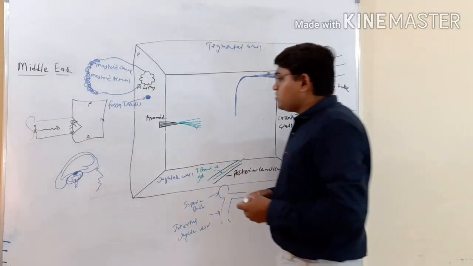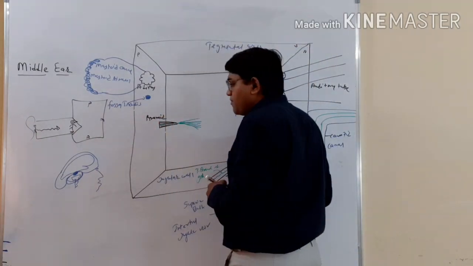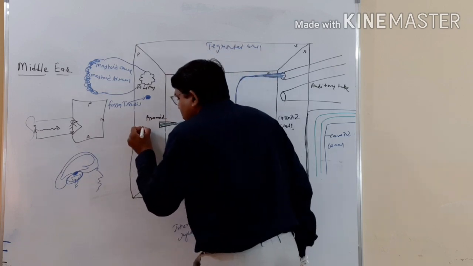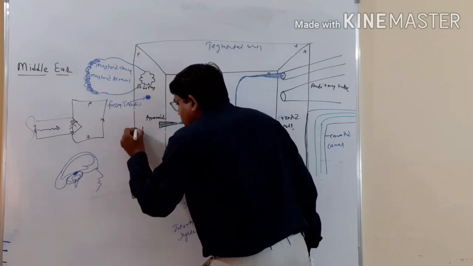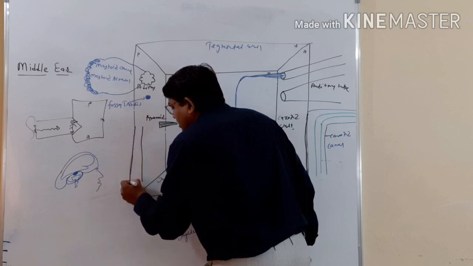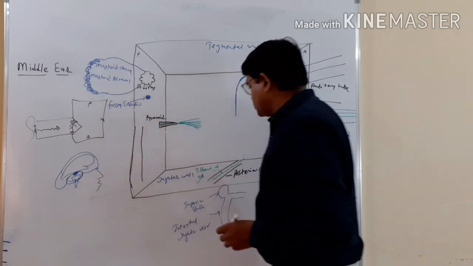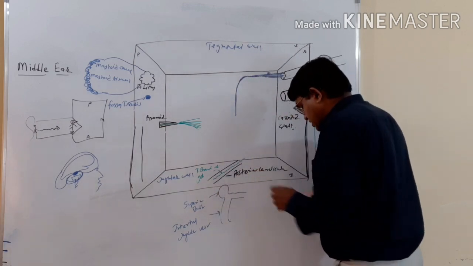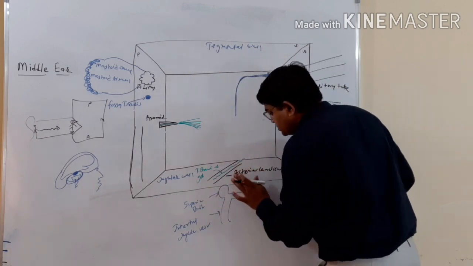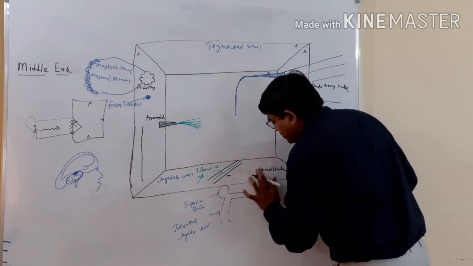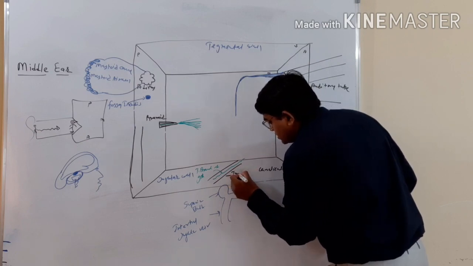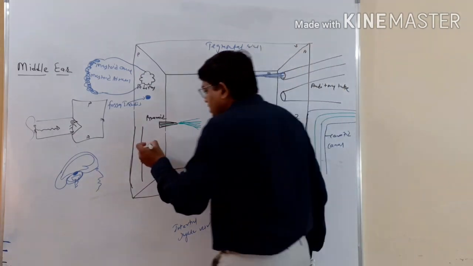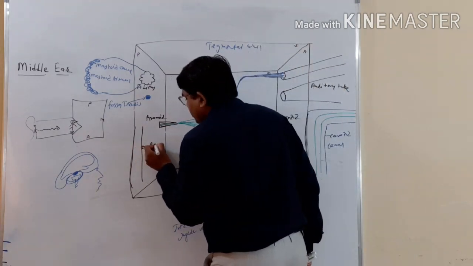Then on the lateral aspect of the pyramid, there is one bony canal, and this canal is known as the posterior canaliculus.